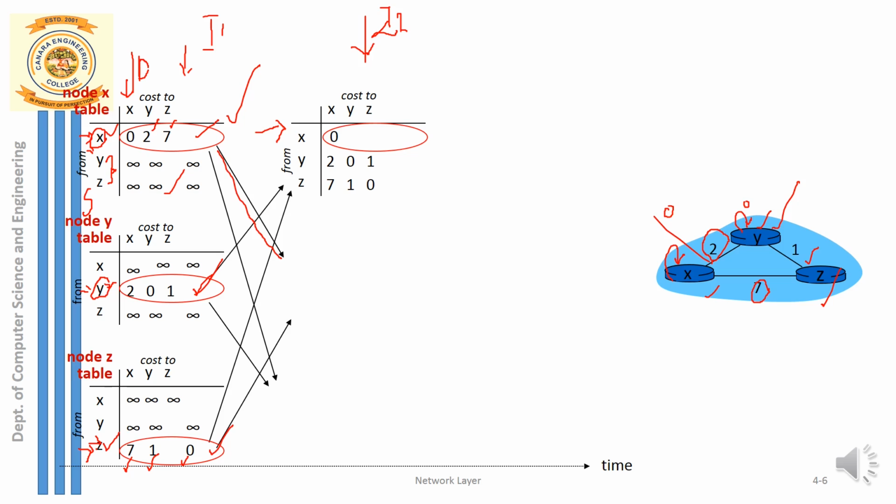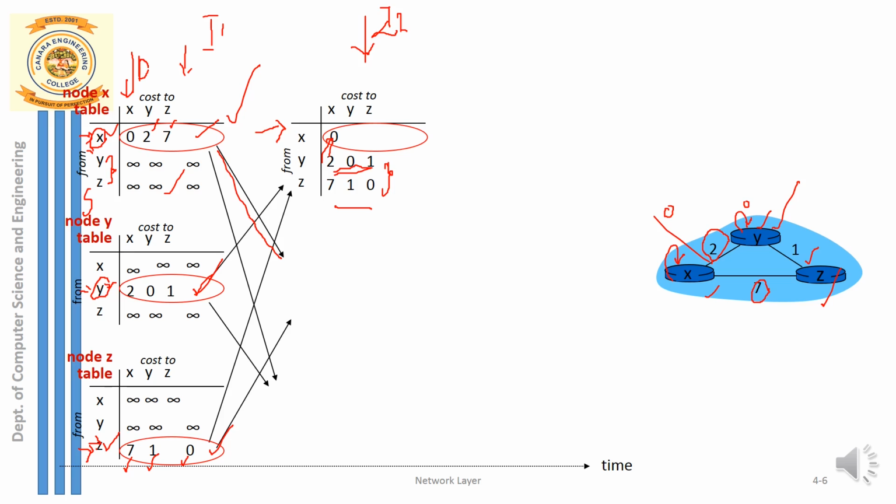What node y has shared is 2, 0, 1, and what node z has shared is 7, 1 and 0. These are the two rows shared by node y and z, and with the help of this distance information, node x will update its distance vector.